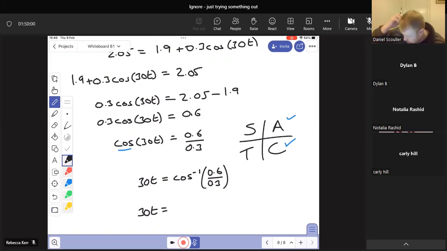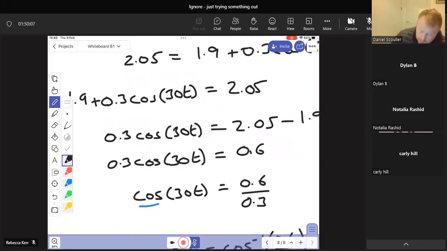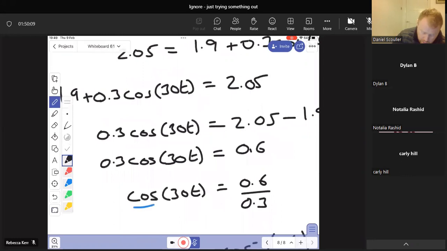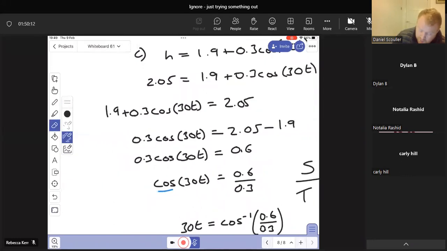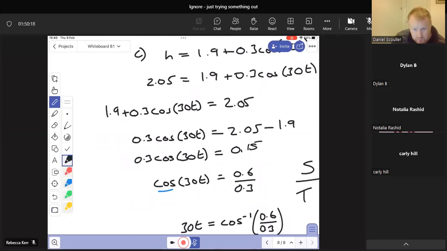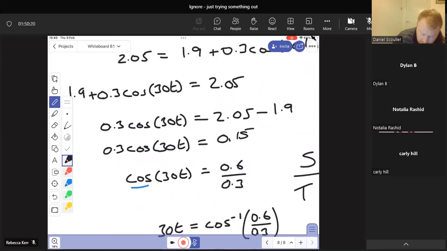Sorry, getting to that time of night. Go back to here, guys. It doesn't change the process, but 2.05 minus 1.9 equals 0.15, not 0.6. So that just changes that. I took 2.05 as 2.5 and did it in my head.